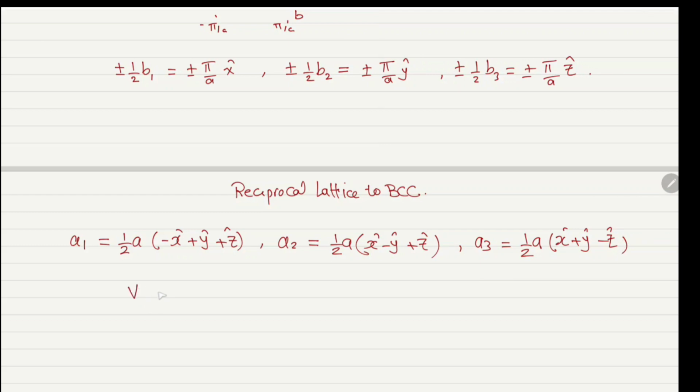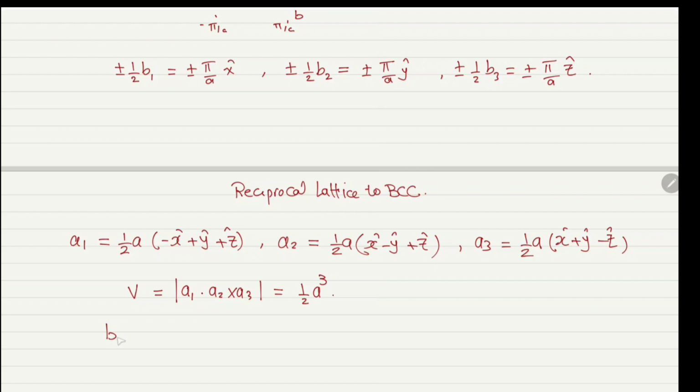And the volume of the primitive cell in BCC is A1 dot A2 cross A3, equal to half A cubed.